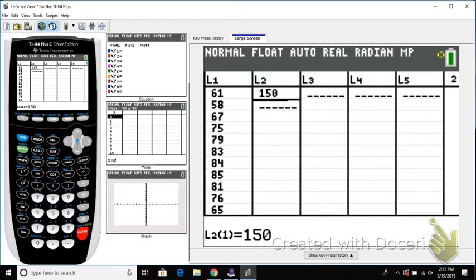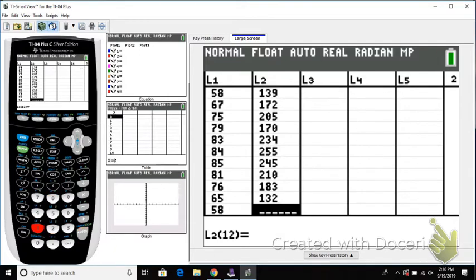So for 61, I'm using 150. Once you have those, put your calculator down so I know you're done.